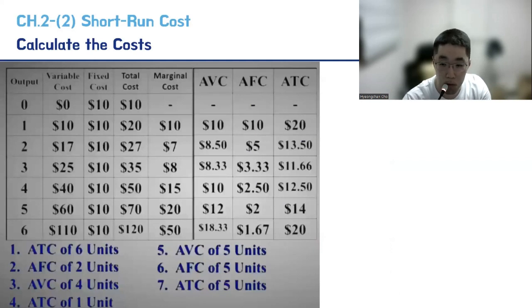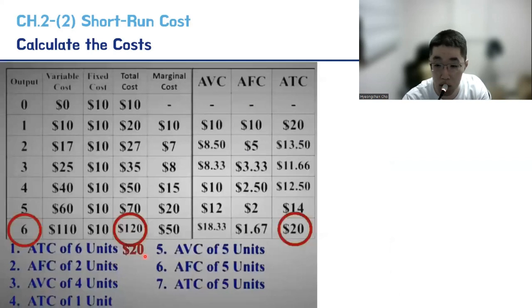All right, so the average total cost of 6 units is $20. That's because the total cost is 120 and we're producing 6 units. So how much did each one cost on average?